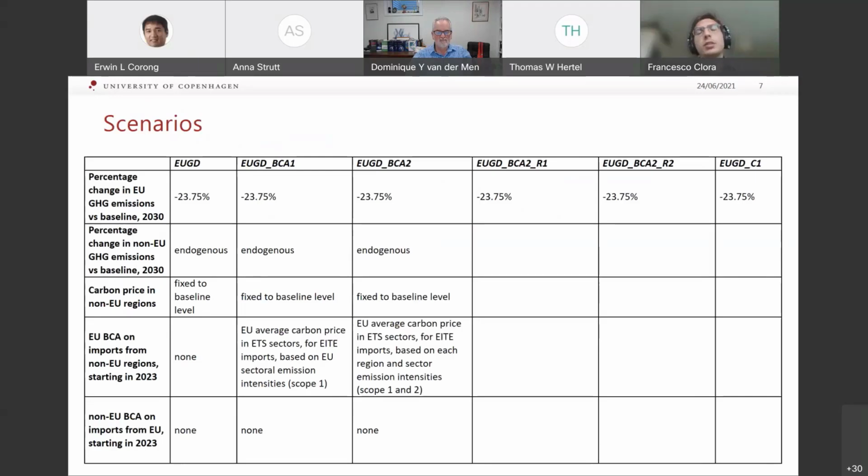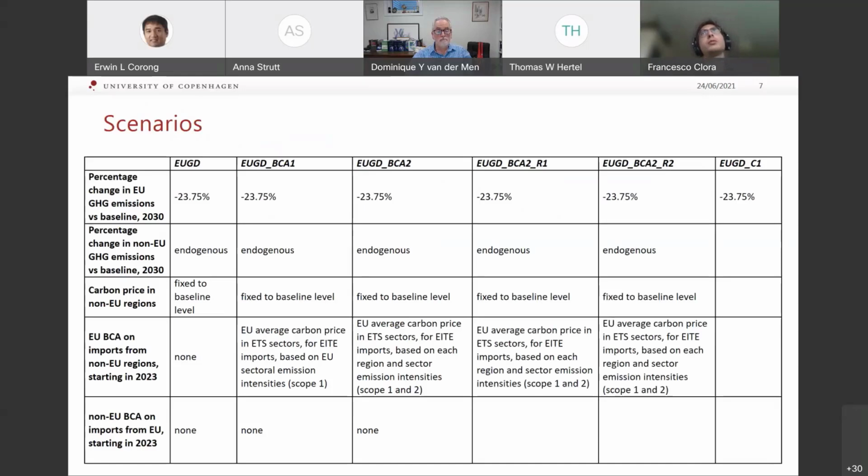By indirect emission intensities, we mean the emissions tied to the generation of electricity used by the sector. And these emission intensities in the rest of the world are currently higher than the EU average emission intensities at the moment.